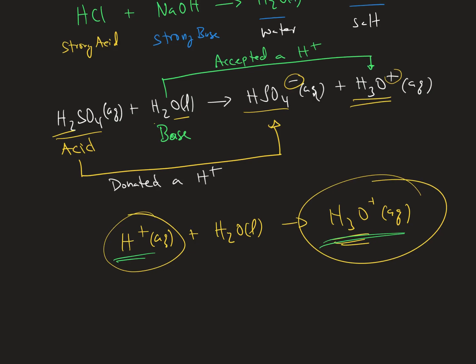So this HSO4 minus is called our conjugate base. And this H3O plus is called our conjugate acid. An acid becomes a base, and a base becomes an acid.